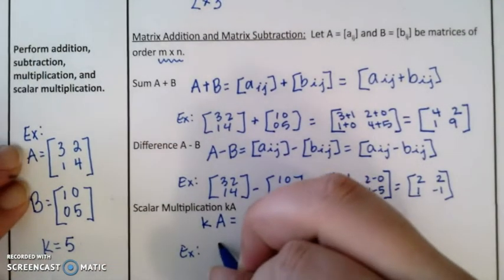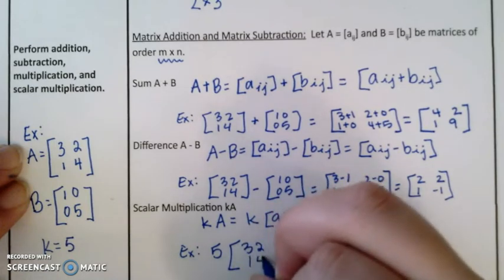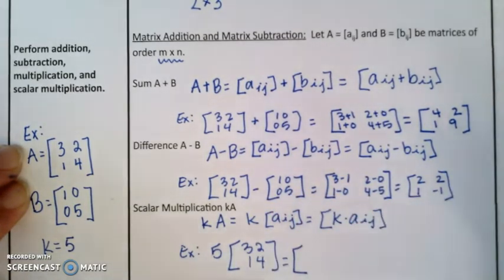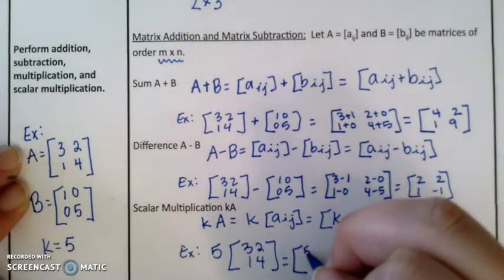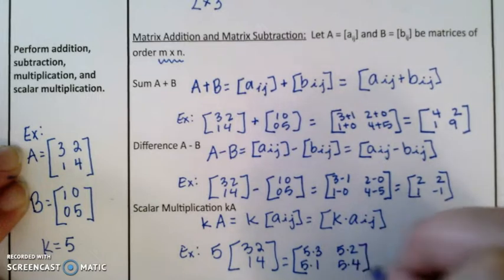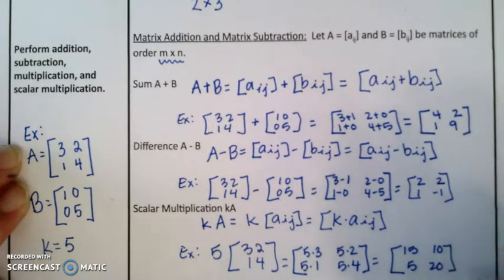Okay, so I have 5 times the matrix 3, 2, 1, 4, which means I'm taking 5 and multiplying it to each element, kind of like distributing. 5 times 3, 5 times 2, 5 times 1, 5 times 4 equals 15, 10, 5, 20.